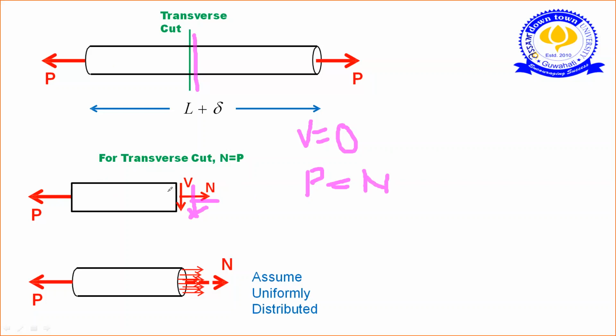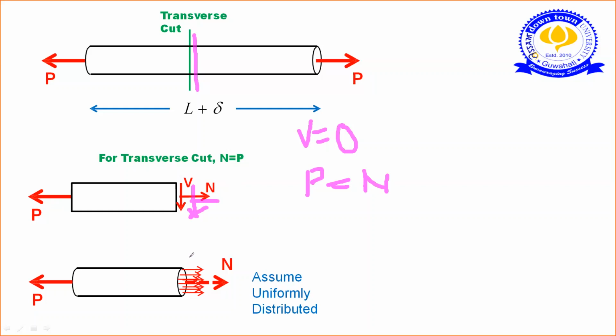Already we have discussed this part, but I am reviewing it. So this P becomes N, right? For the transverse cut, as we got in the earlier classes, your shear force will be equal to 0, and your normal force will become equal to P.